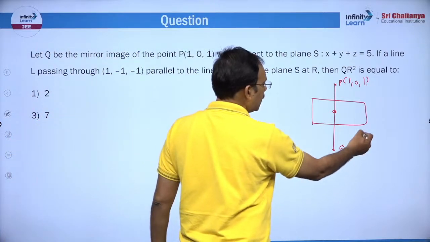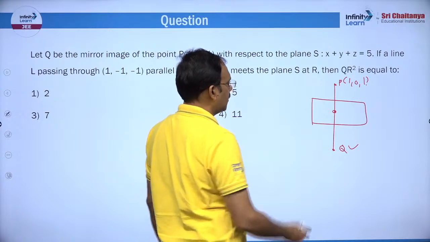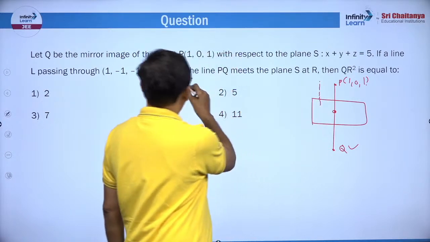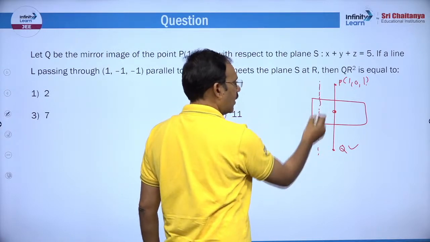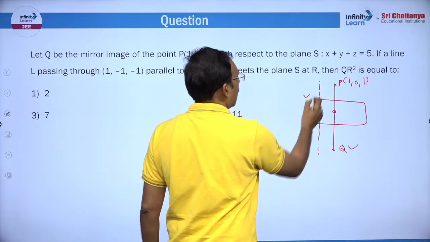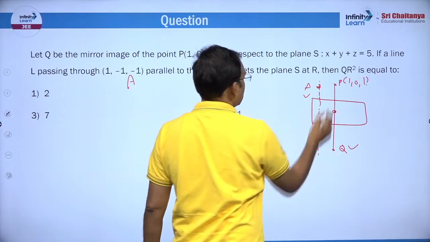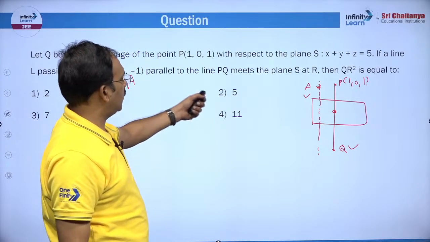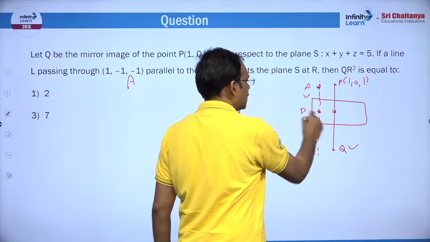Once you find PQ, fine, you can also find the DRs of another line parallel to PQ. You take its DRs and already a point is given. Now, this line parallel to PQ meets the plane S at R. Can you find the point R, friends?